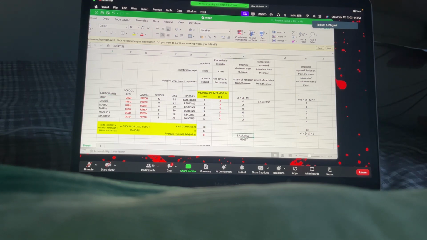So, if the standard deviation is the average deviation from the mean in this sample, then we can use this average deviation from the mean to estimate the expected deviation from the mean of this person as a DLSU site major. Look at the pattern. Pare-pareho yung pattern dyan. Okay, so for that reason, tada! It's the standard deviation.